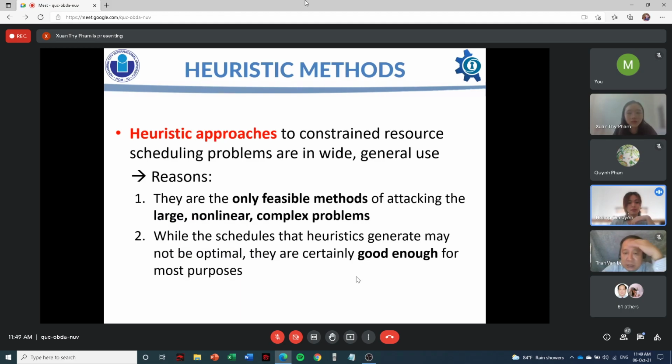About the heuristic methods, heuristic approaches to constraint resource scheduling problems are in wide general use for a number of reasons. First, they are the only feasible methods of attacking the large, nonlinear, complex problems. Second, while the schedules that heuristics generate may not be optimal, they are certainly good enough for most purposes.